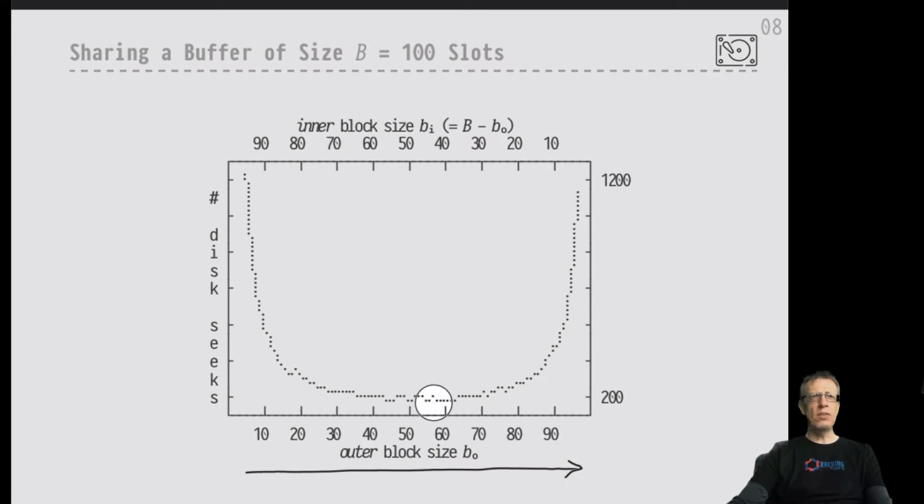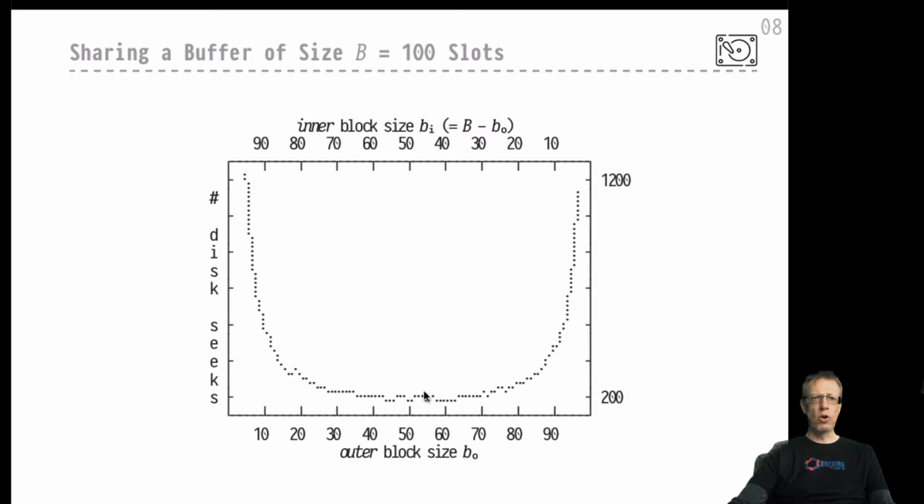And you see that in this area where we use the buffer space in an even fashion, evenly distributed between the outer and the inner participating tables, we can expect the minimum number of disk seeks. All right, so that would be one answer to this particular question: how to organize the buffer space when you perform block nested loops join. Okay, so that would be one aspect that I would like to highlight here.